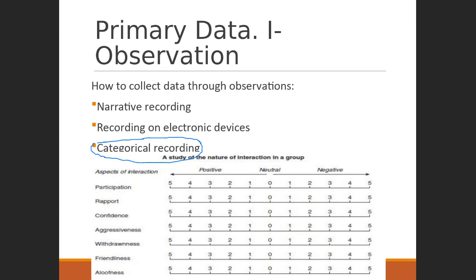There are various characteristics of interaction given on this scale, like participation, rapport among the group members, confidence, aggressiveness, withdrawnness, friendliness, aloofness. These are the different aspects of interaction within a group, and using these criteria, a researcher can categorize those aspects as either positive, negative, or neutral. So these are the three judgment tools.